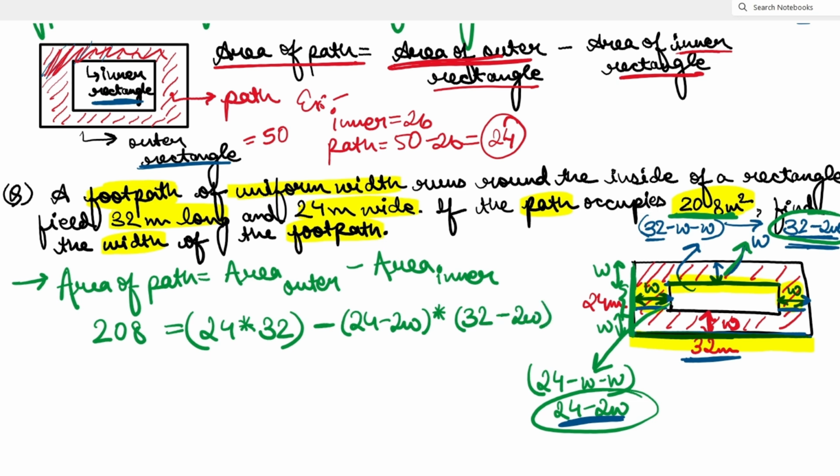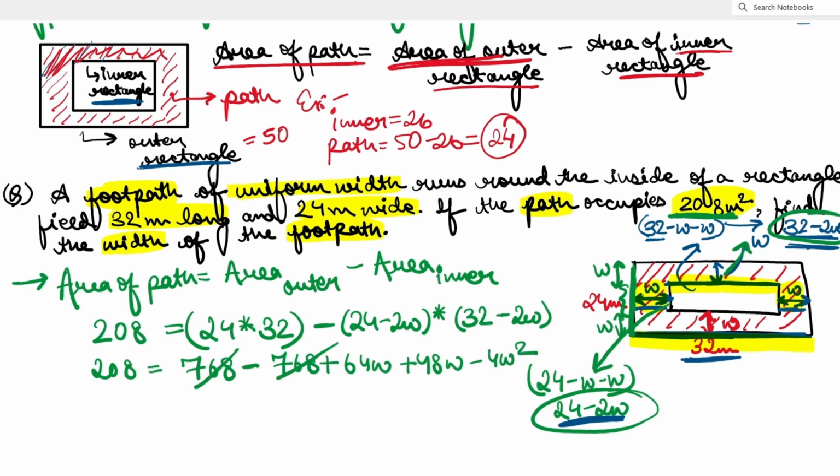Now, can we solve this further? We'll break the brackets. You get 208 is equal to 768 minus 768, and then plus 64W and plus 48W minus 4W square. This gets cancelled.